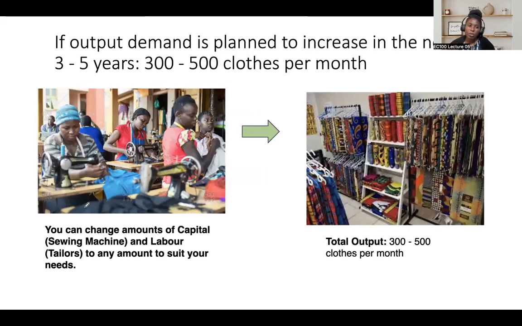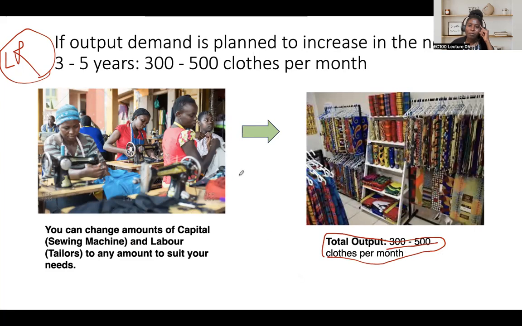So remember, this was our long run example. I've just brought it here to remind you. This person has a long run target of producing 300 to 500 units of output. And in the long run, this businesswoman is able to make any changes to meet this.